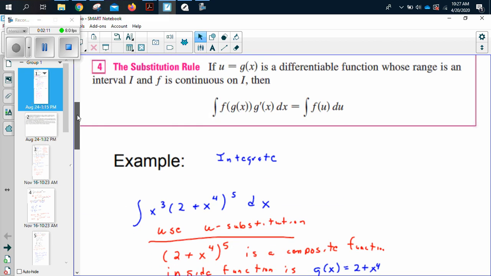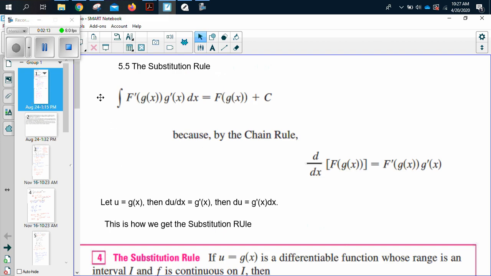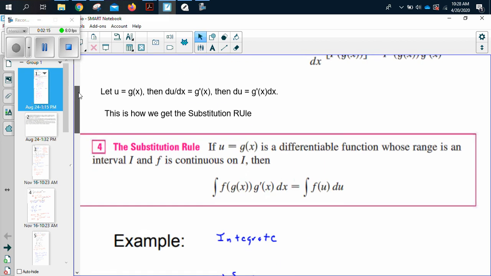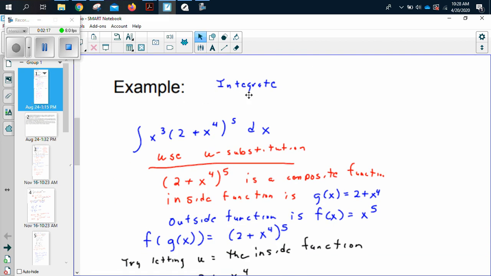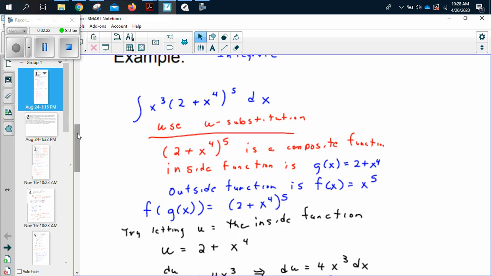So we're just making a substitution and making it easier to integrate. This is what we have to do a lot of the time when we're doing integration in Calc 2. So say I want to integrate this function. Well, the trick is figuring out what to let u be, and it's a bit of an art. It takes practice, but a lot of times we let u be the inside of a composite function. So if you notice right here, I have a composite function.